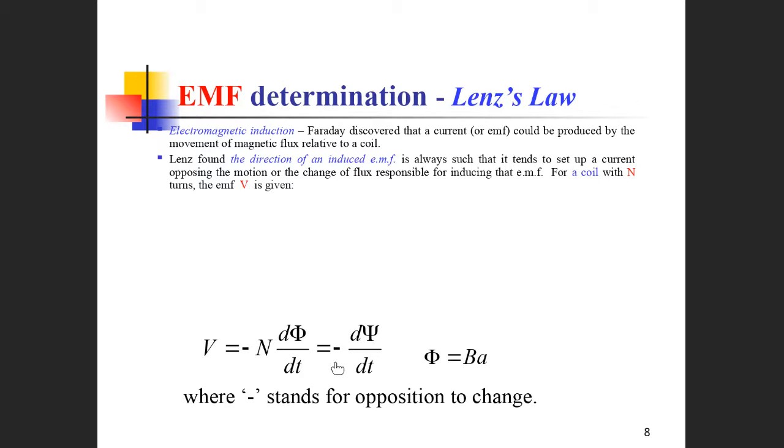Because the current produces a magnetic field, if there is a change, then there is an induced voltage on the coil. So this is the third concept we learned.